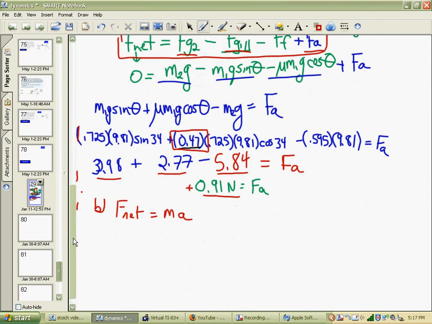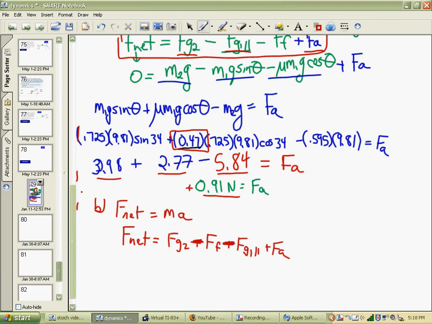So our F net is also equal to, as we saw, Fg2 and friction and Fg1 parallel and Fa. Some of these were negatives, though. If we remember, Fg parallel was negative and Ff was negative.